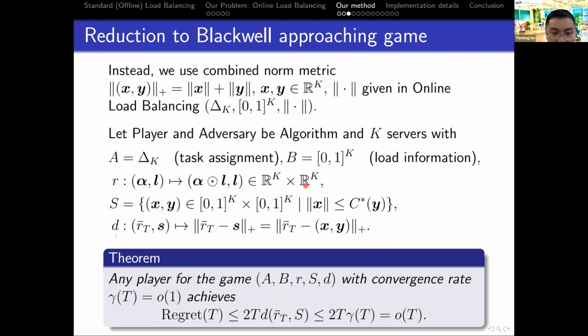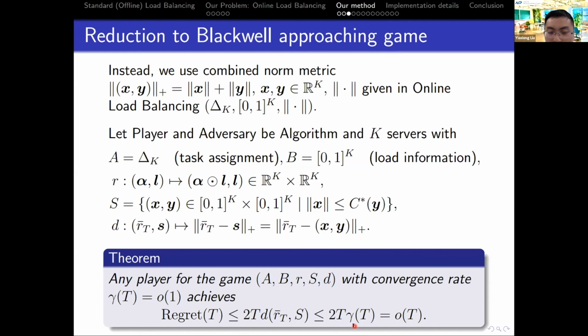The only difference is that now the target set is defined with our metric, our combined norm, and the measure metric is with respect to our combined norm, while the target set is with respect to the original norm, any generalized norm. So there is a theorem which shows that the regret of online load balancing is bounded by 2T times the convergence rate of the Blackwell game. So this is the first step.